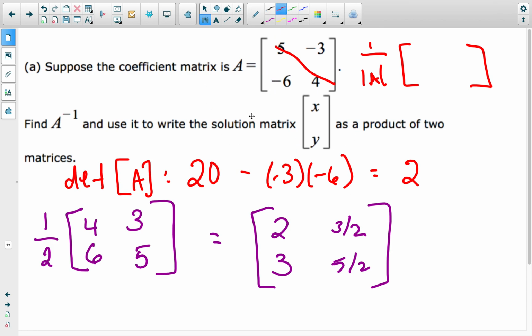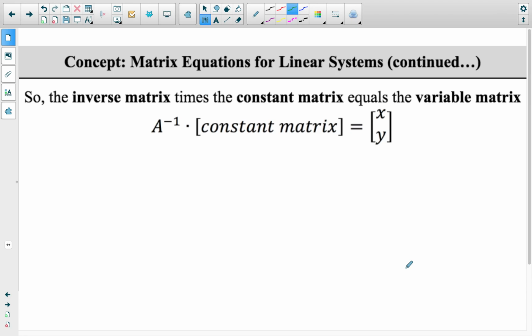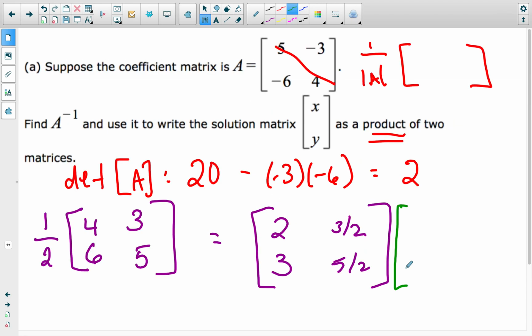We're not done yet, because it's asking us to write the solution as a product of 2 matrices. So what this is really asking for is this concept here, inverse matrix times a constant matrix equals the variables.